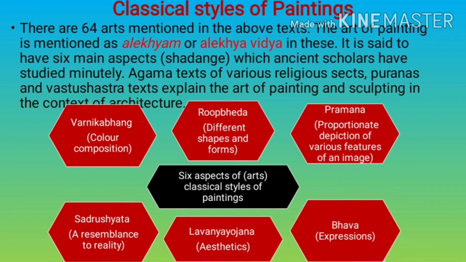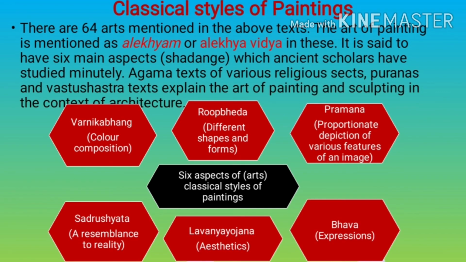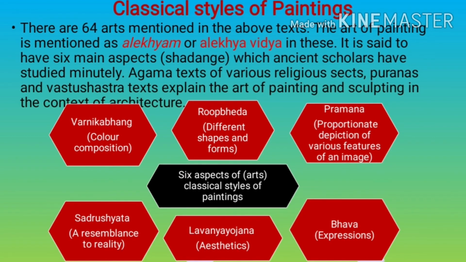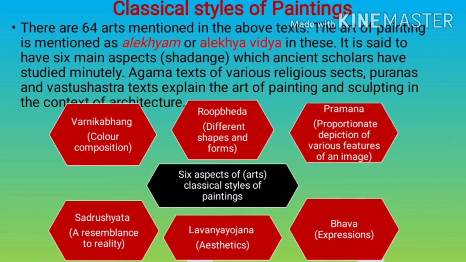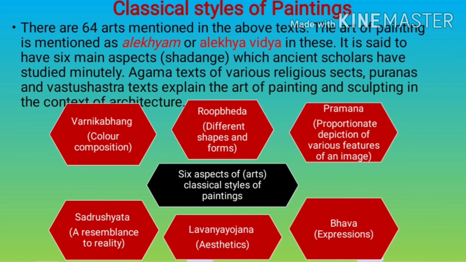An artist must use proper color composition. It is known as Varnika Bhanga. Then comes Rupa Bheda. He should have the knowledge of different shapes and forms. Then comes Pramana. That is, he must use well-proportionate depiction of various features of an image.